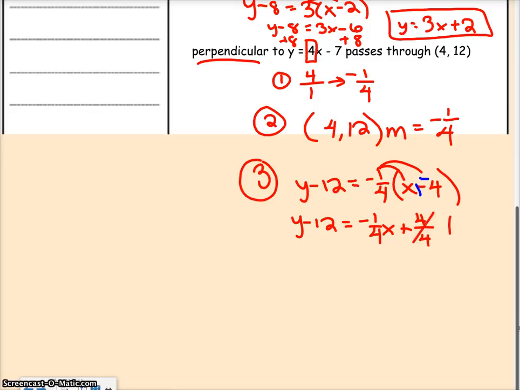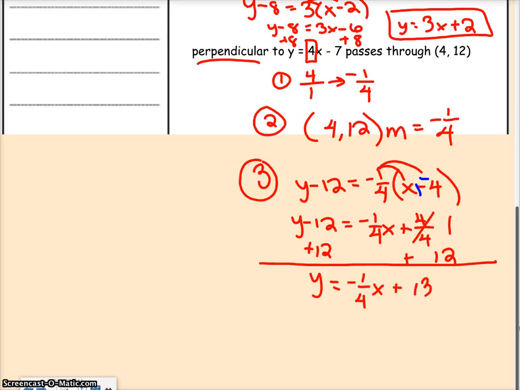So you could just turn that to 1. Almost done. Plus 12, plus 12. Y equals negative 1/4 x plus 13, because I have 1 plus 12 is 13. And I am done. I created my perpendicular line.